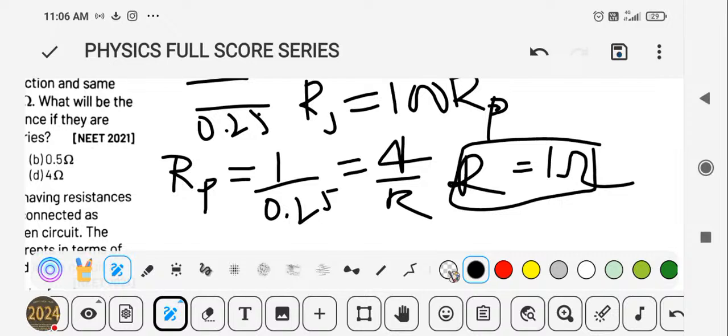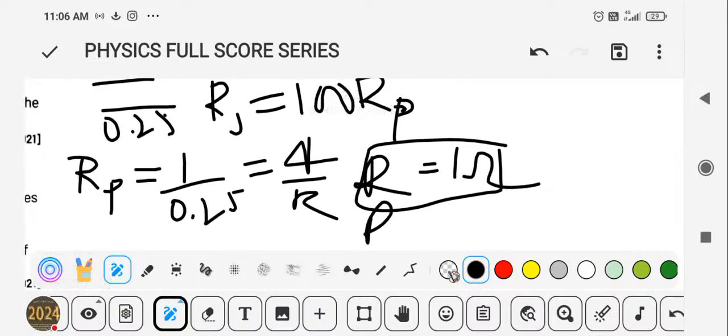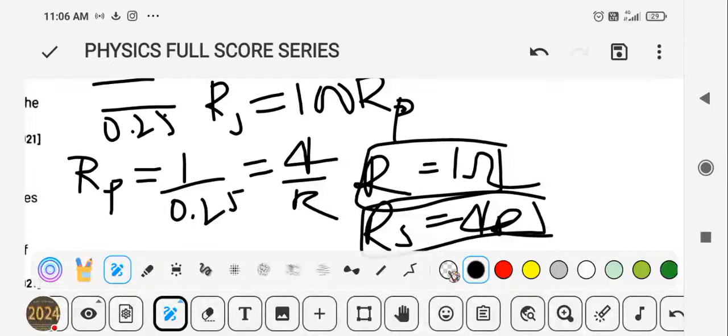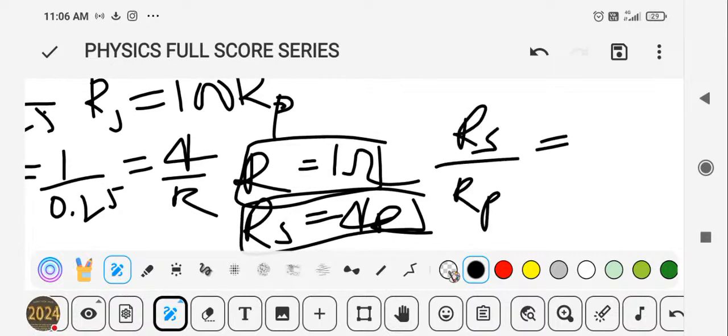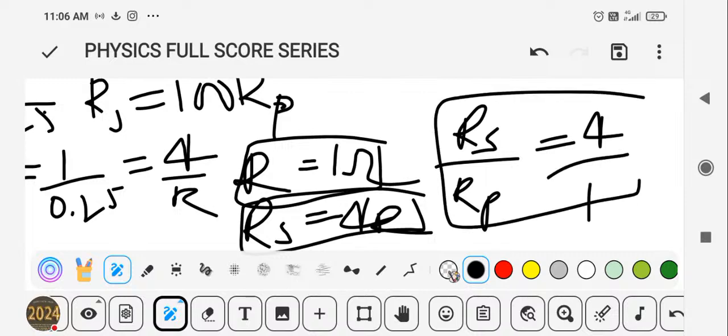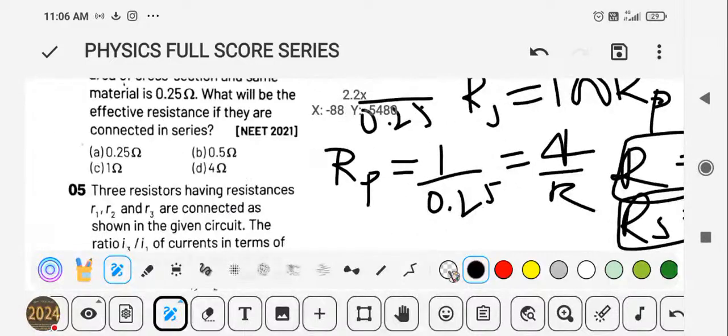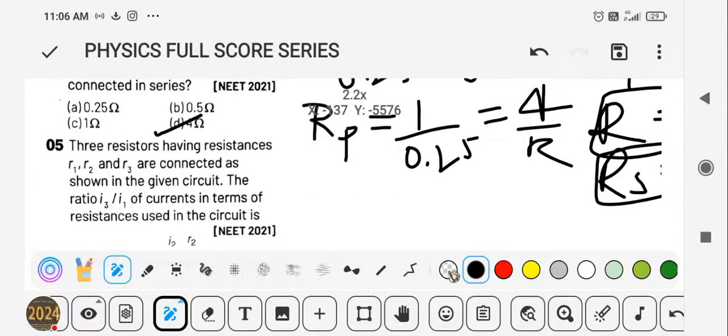If you connect the same in series, then R equivalent for the series is given by 4R, right? They are asking the ratio RS by RP, which will be 4:1. Option B is the correct answer.